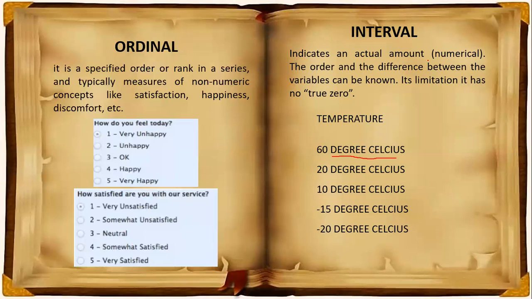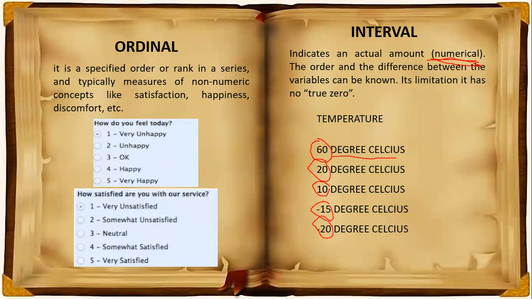So meaning, naghisgot siya og numbers, okay? Numerical. So unsa man atong numerical nga gigamit sa example, mao ang 60, 20, 10, negative 15, og negative 20.